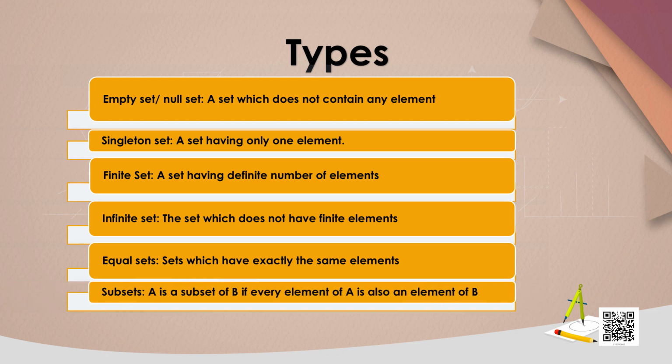A is a subset of B if every element of A is also an element of B.